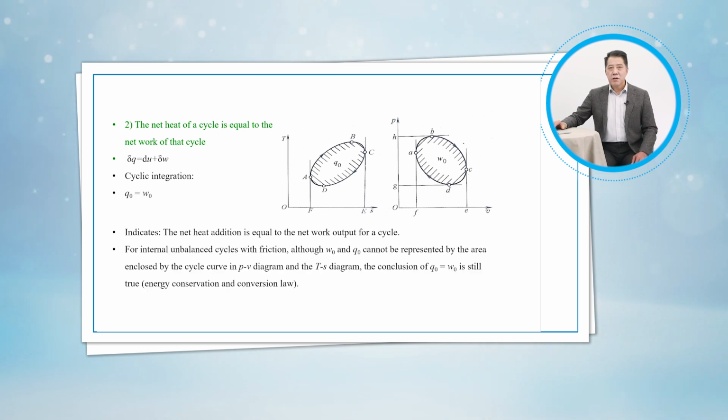For internal unbalanced cycles with friction, although W0 and Q0 cannot be represented by the area enclosed by the cycle curve in PV diagram and the TS diagram, the above conclusion is still true.